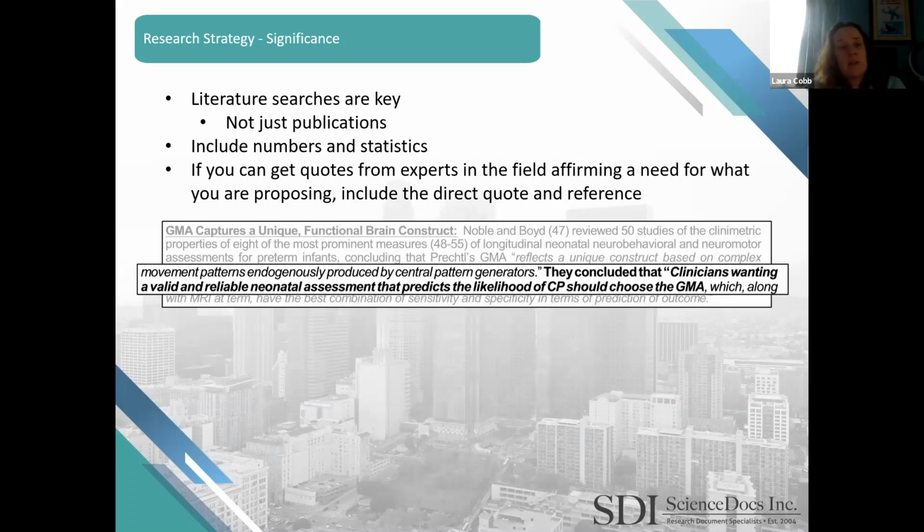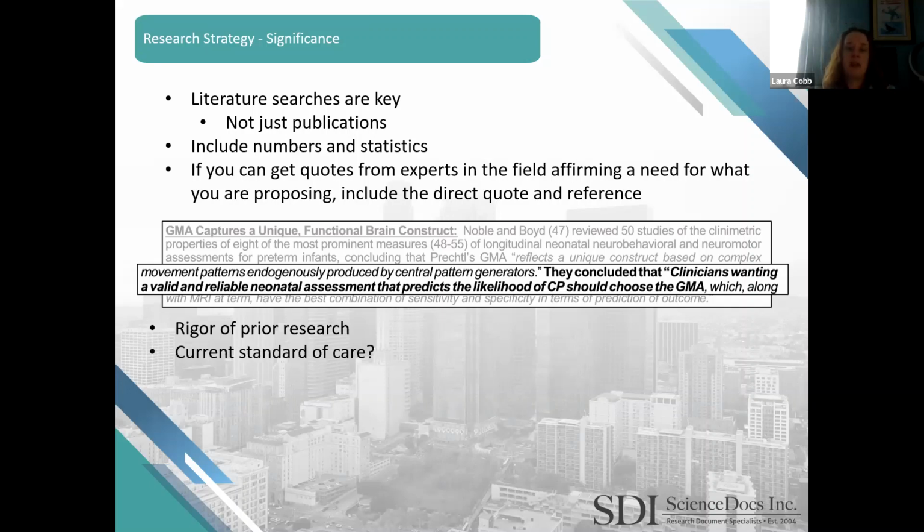Other considerations in the significance section, like in an academic grant: you need to consider the rigor of the prior research. And that really pertains to both what you've done before and, more importantly, to work in the field.